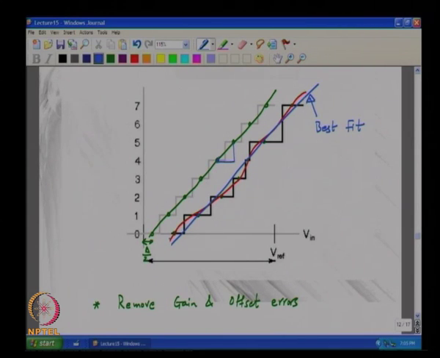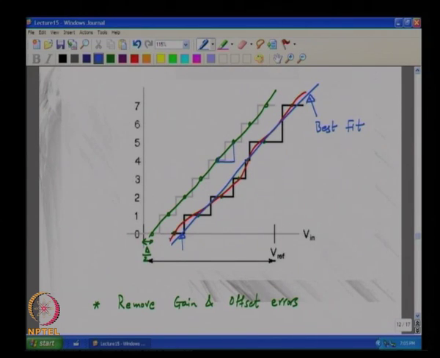And we know that this straight line must intersect the y axis at step size by 2, right. Okay. But it actually is not intersecting it at step size by 2. The difference between the two must therefore be the offset. Okay.